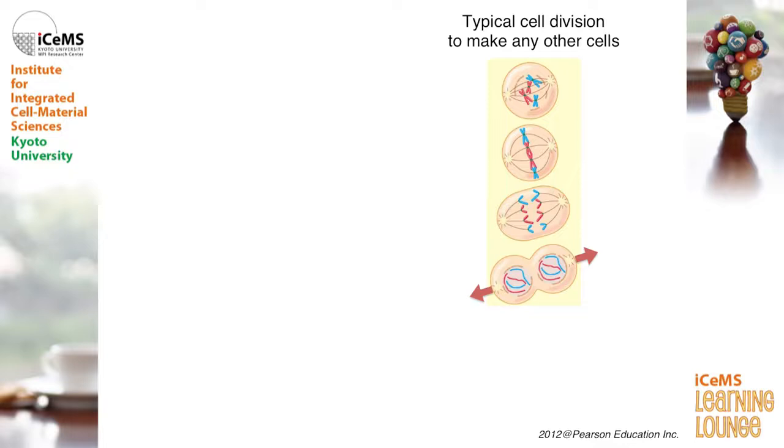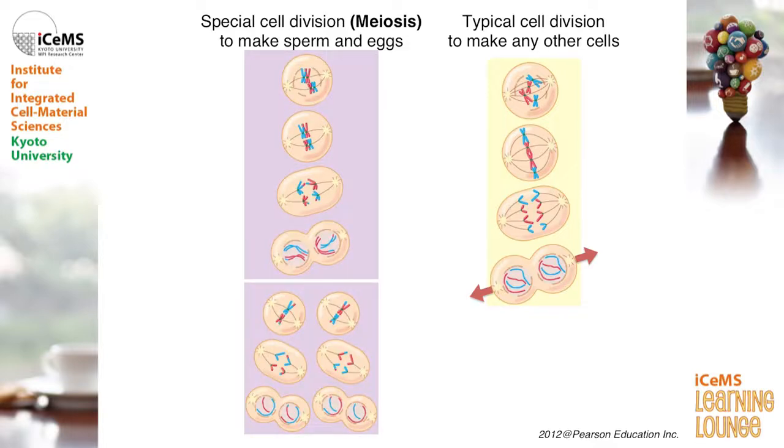In contrast, meiosis is a specialized cell division that requires 2 rounds of cell division to generate sperm and eggs. These extra steps make meiosis a little more complicated, a little more challenging for DNA. It's been known that we humans are actually not very good at doing meiosis.